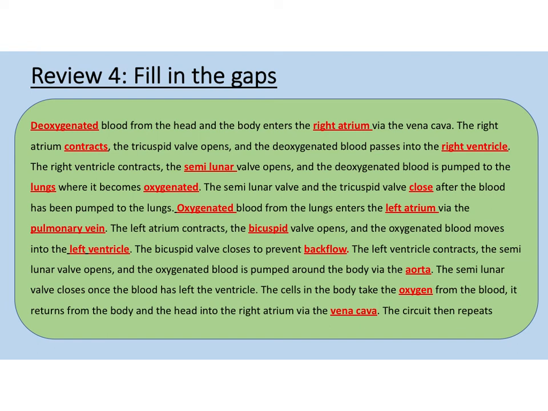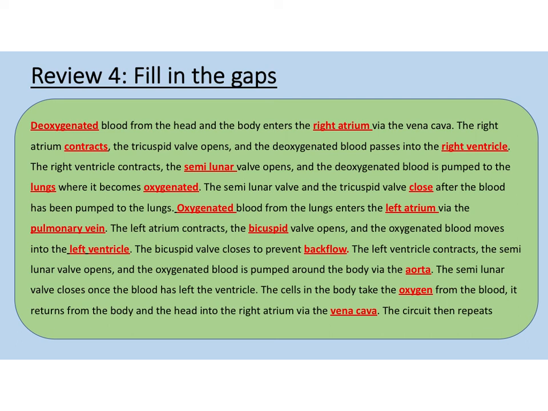Oxygenated blood from the lungs enters the left atrium via the pulmonary vein. The left atrium contracts, the bicuspid valve opens, and the oxygenated blood moves into the left ventricle. The bicuspid valve closes to prevent backflow. The left ventricle contracts, the semilunar valve opens, and the oxygenated blood is pumped around the body via the aorta.